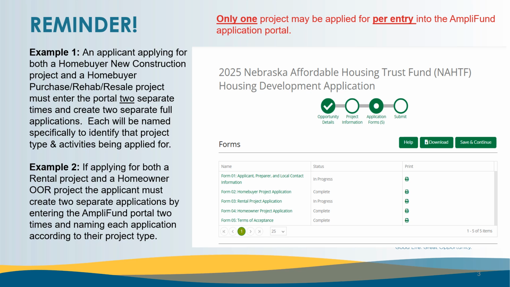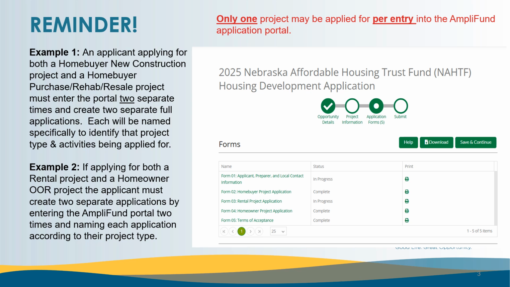The first one is if you are a home buyer new construction project and you are also applying for a home buyer purchase rehab resale project, you will need to enter the application portal 2 separate times and create 2 separate full applications going through the whole process. Each of those applications will be named specifically to identify that project type and the activities being applied for.